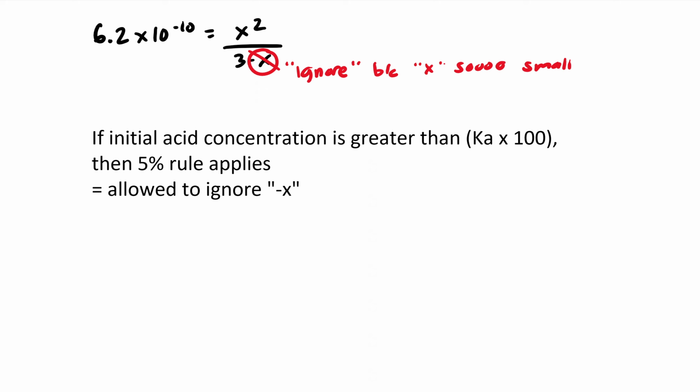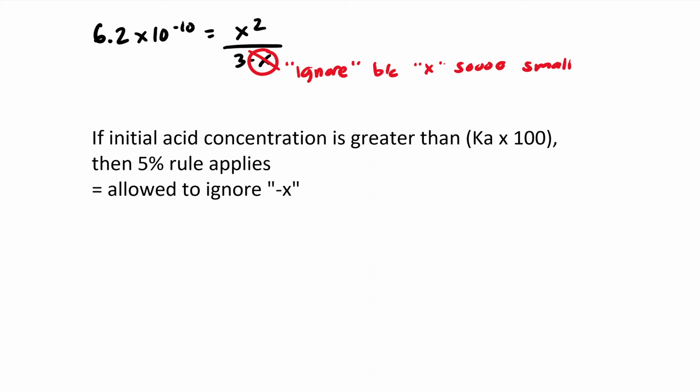In our class, on the AP exam, you are always allowed to ignore the minus x. It's just that we have to state on our paper that we know that we're allowed to ignore that minus x. We have to recognize or show that we understand that that minus x is really there, but we're allowed to ignore it and say that it's negligible because of the 5% rule.